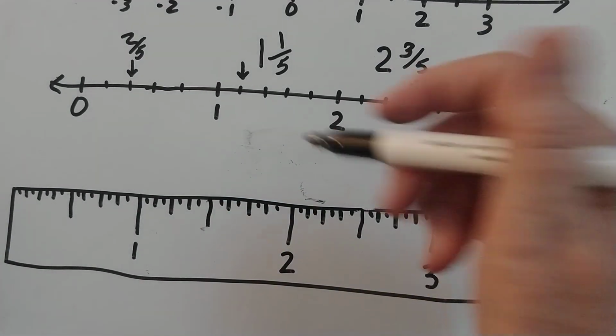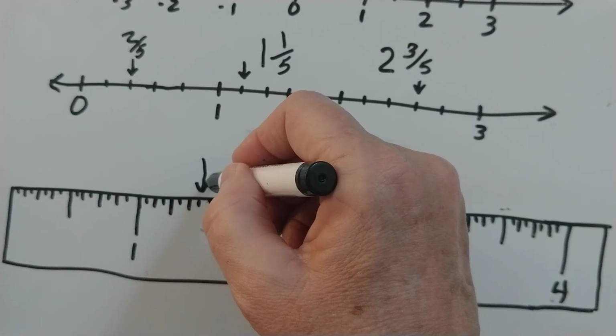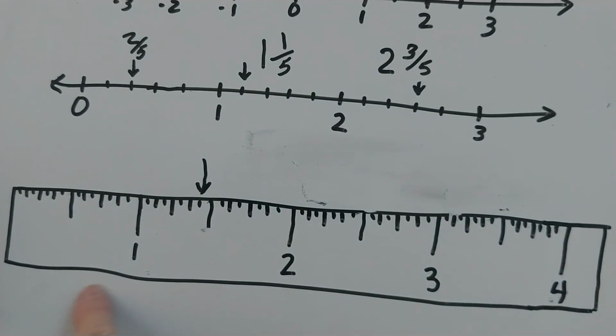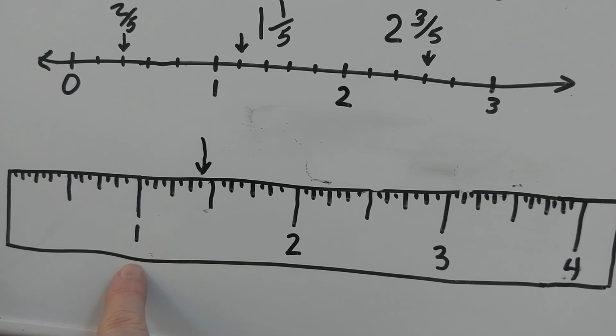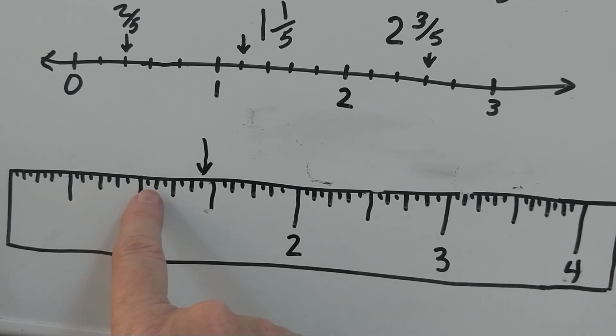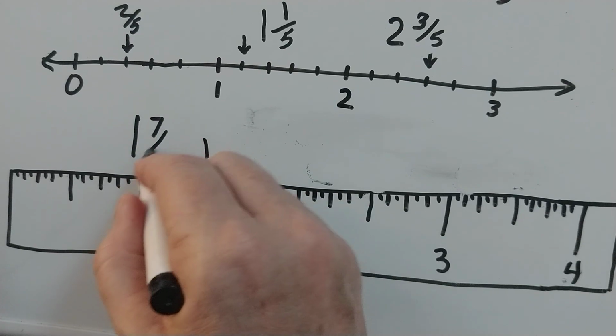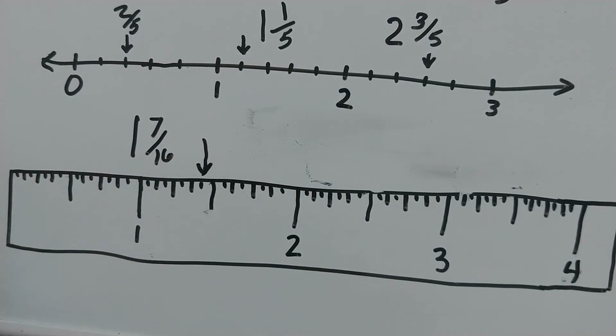All right, so what if we're talking about this one right here? We come over to 1 whole, and we know these are 16ths, so this would be 1/16, 2, 3, 4, 5, 6, 7. 1 and 7/16.